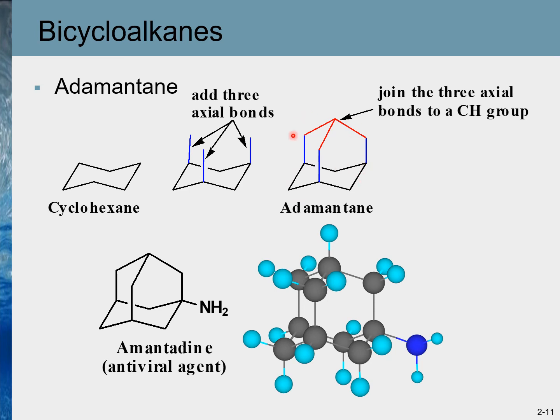Because of the presence of this locked bridge, this chair conformation cannot switch to the boat or the other chair. The compounds with this kind of structure are known as adamantane, and adamantanes were first discovered during the refining process of petroleum.